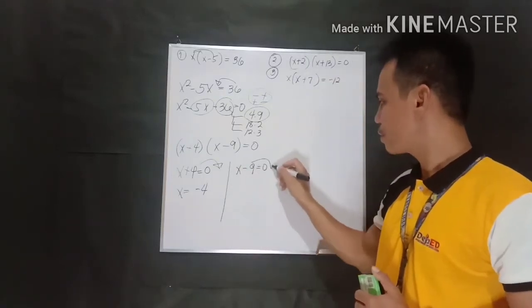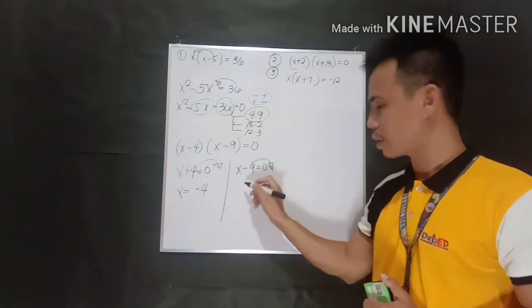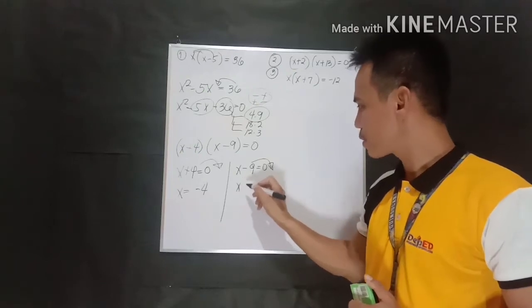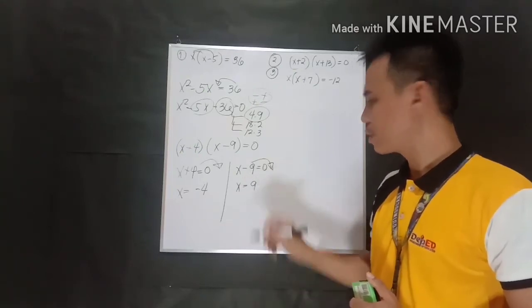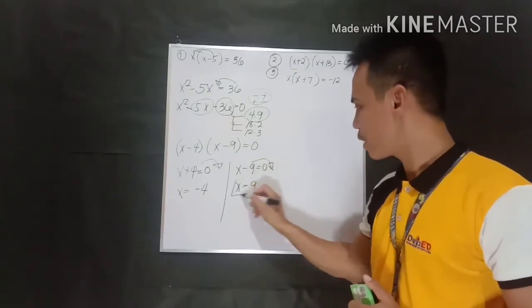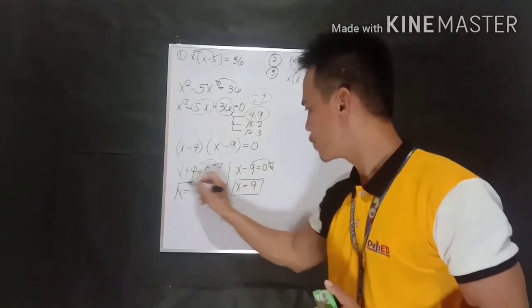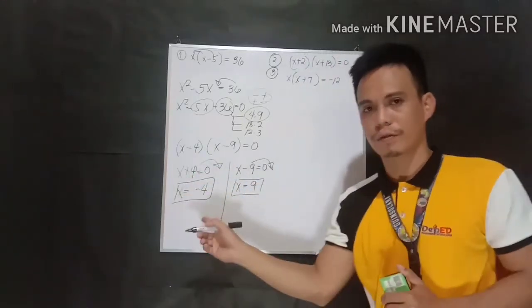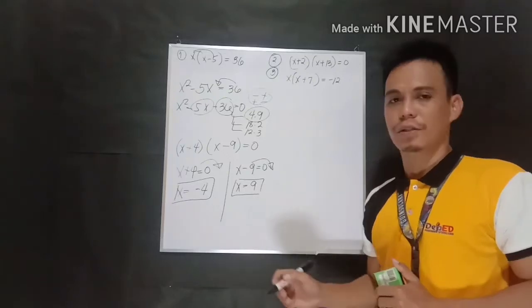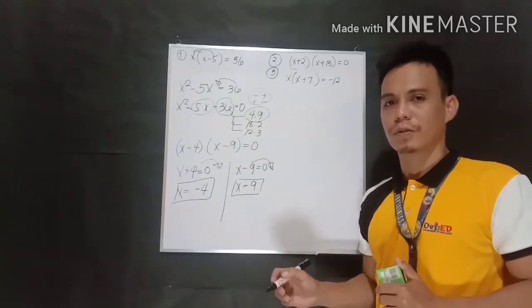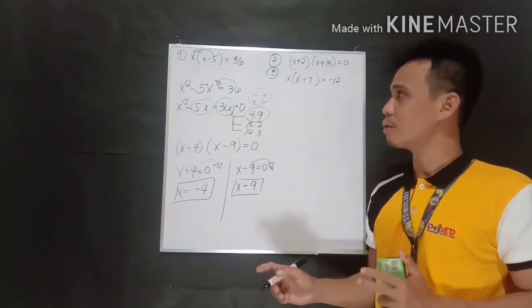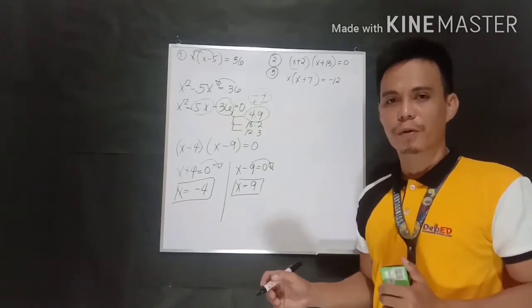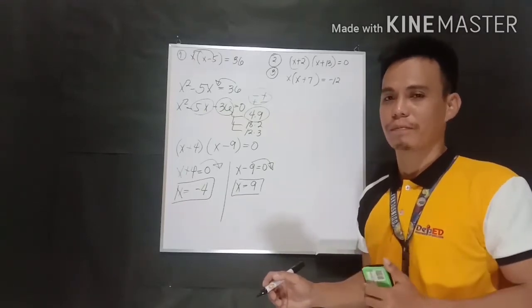And the other one, negative 9 transposed to the right side, we have x is equal to positive 9. So there we have it. Our answers are x is equal to negative 4 and x is positive 9. So, ganoon lang po kadali pag nagsosolve tayo ng transformable equations into a quadratic one.